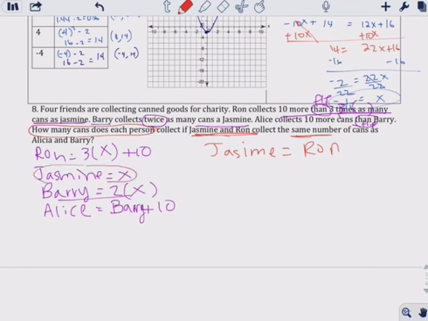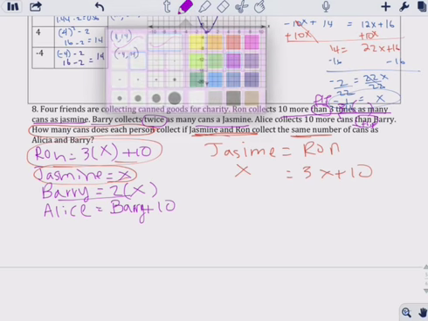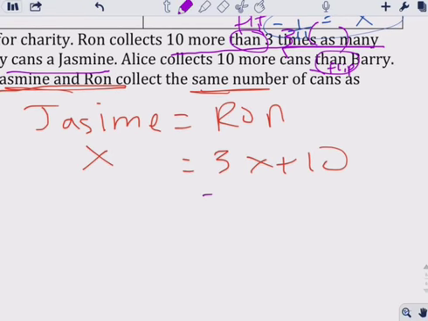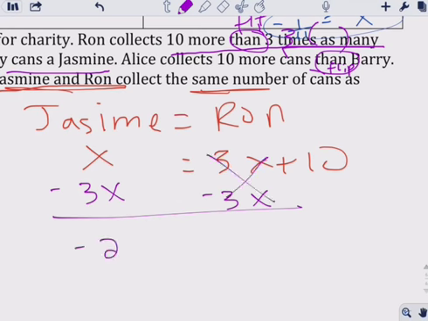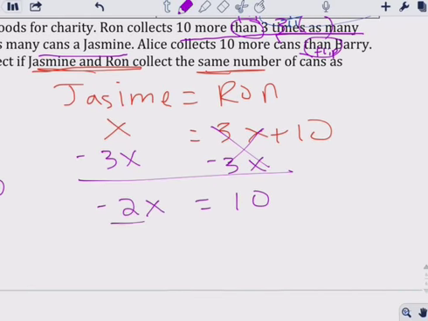Jasmine is x. Ron is 3x plus 10 for Ron. Okay, so that should eliminate, minus 3x, minus 3x. Okay, that gives you negative 2x equals 10. Divide by negative 2. x equals negative 5.